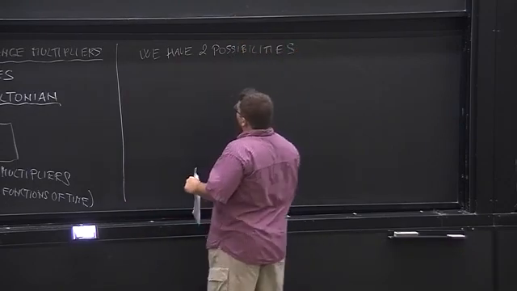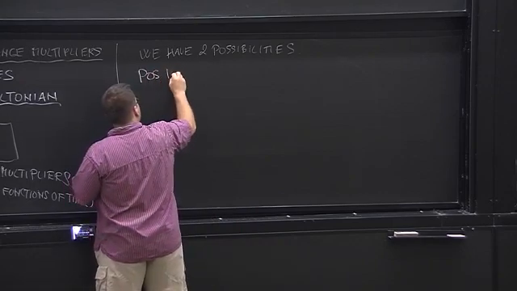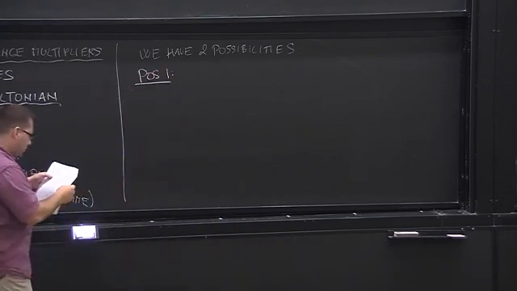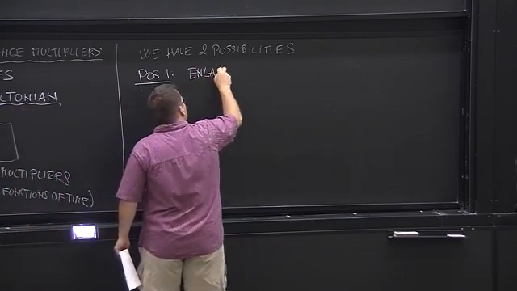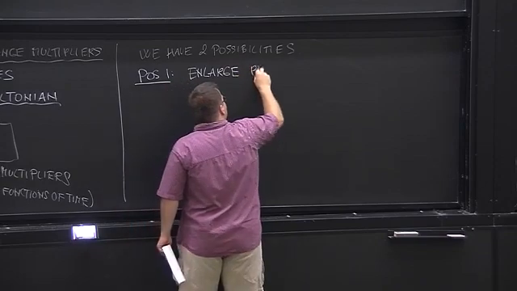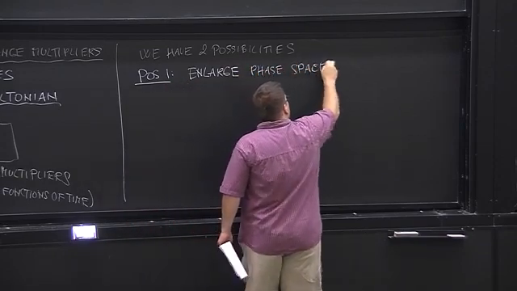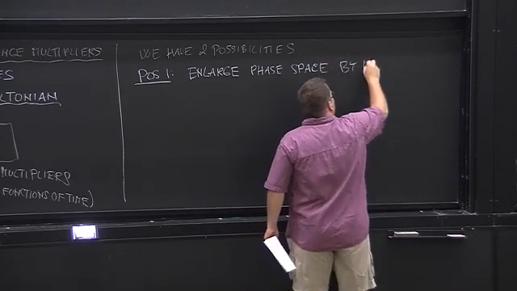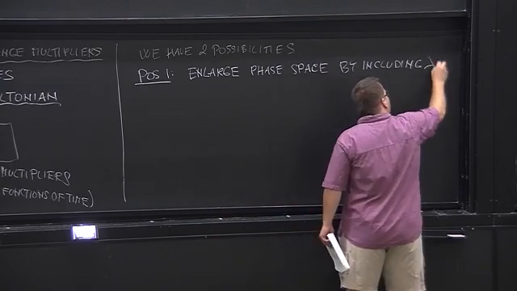And I'm sure you have seen the first one. So possibility number one is to enlarge space by including lambda j.